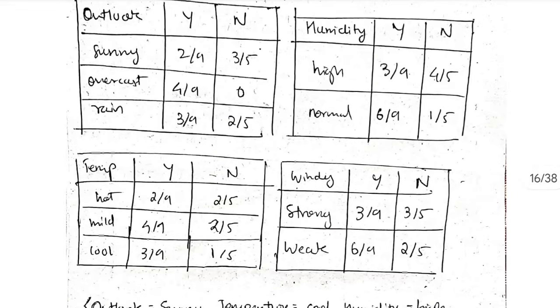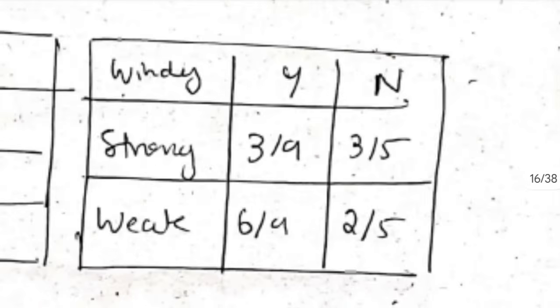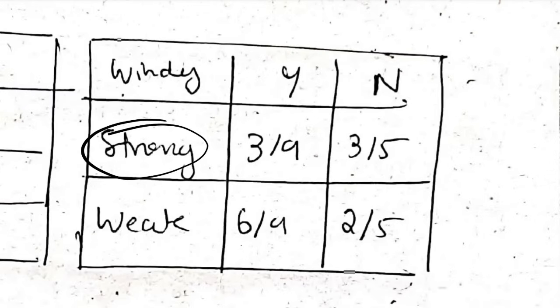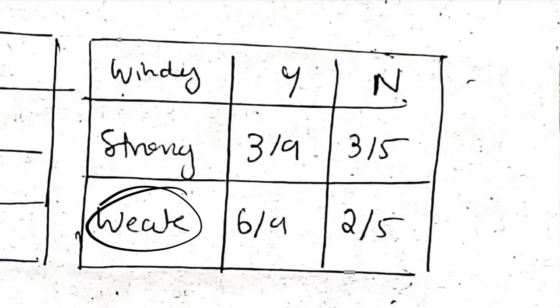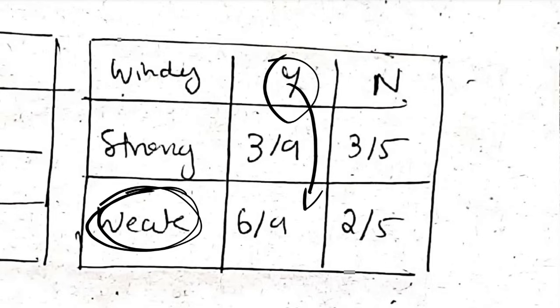Okay, so I hope this is clear for you. I'll just take one random for your satisfaction. Strong, and let's take yes, or let's take some weird ones. Weak, yes. Calculate in yes how many weak are there.